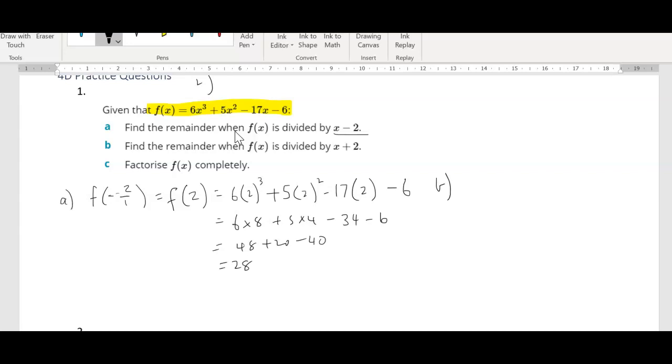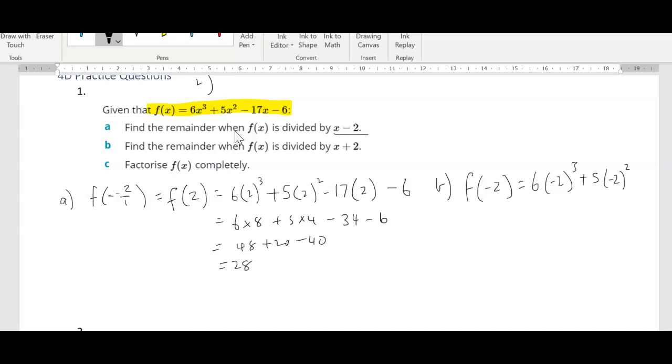All right, so the next one we're going to be dividing by x plus 2. That means we're going to be substituting in -2. Let's just see if I can squeeze this onto the page. So just substituting in -2 now.